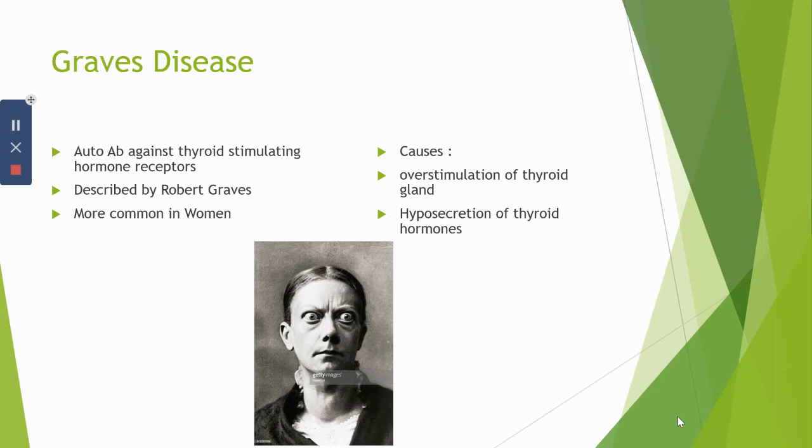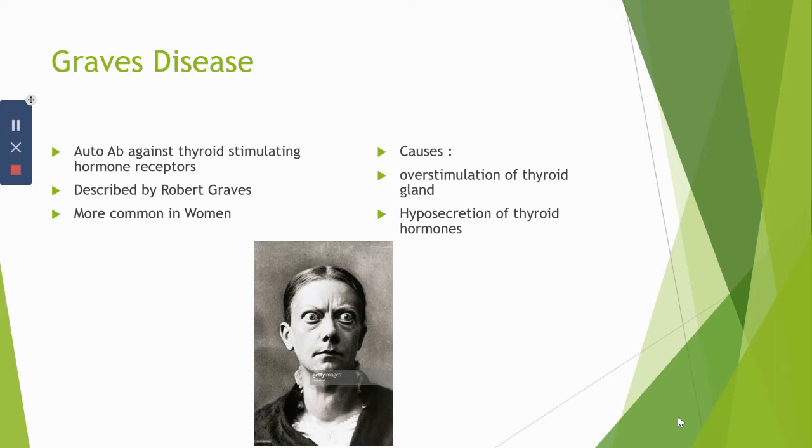Causes of the disease include production of thyroid hormones, which are under the control of thyroid stimulating hormone secreted by the pituitary gland. There is overstimulation of the thyroid gland. Here, autoantibodies are produced, and they interact with the thyroid stimulating hormone receptors, leading to overstimulation of the thyroid gland.